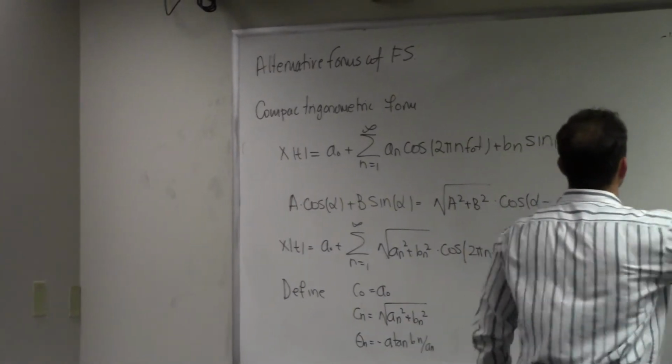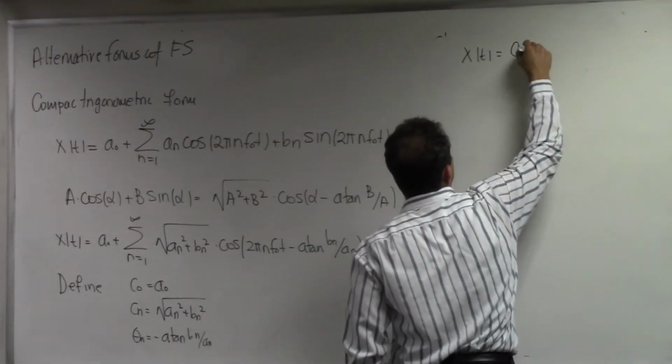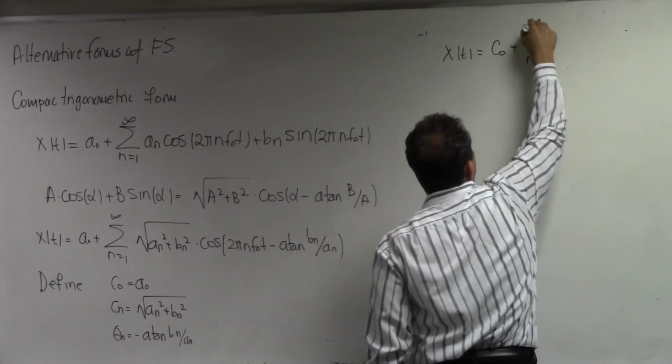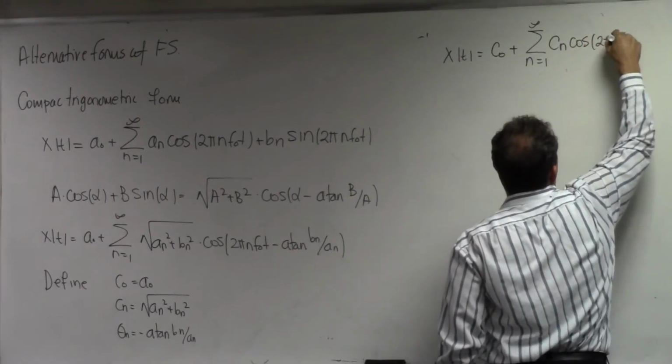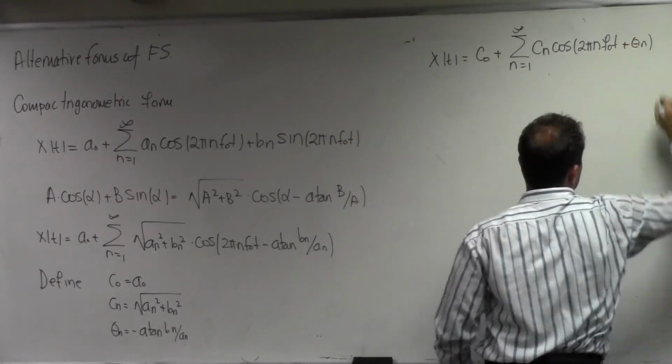So with those definitions, I can say x of t is equal to C0 plus the sum when n goes from 1 to infinity, Cn cosine 2 pi n f0 t plus theta n.